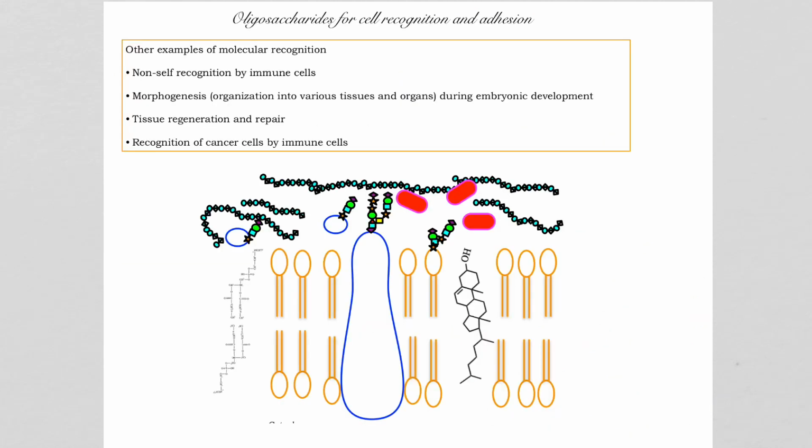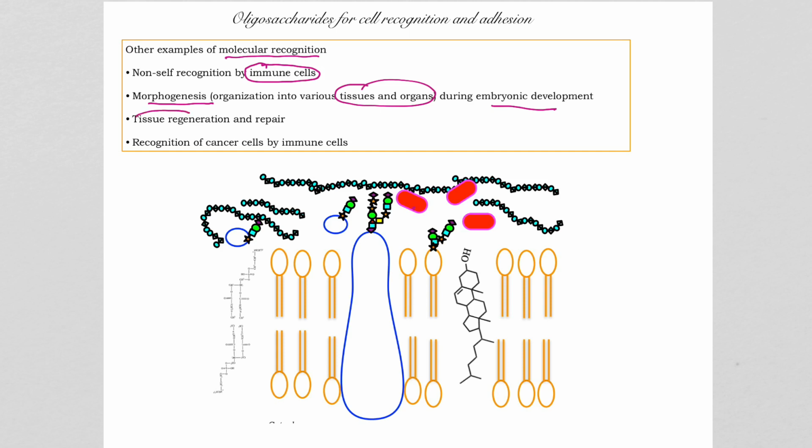So there are many examples of molecular recognition that happens in our body. Your immune cells, for example, will recognize microbes as foreign cells and will attack them. That is an example of molecular recognition. Morphogenesis, during embryonic development, how we form tissues and organs, it's all about molecular recognition.